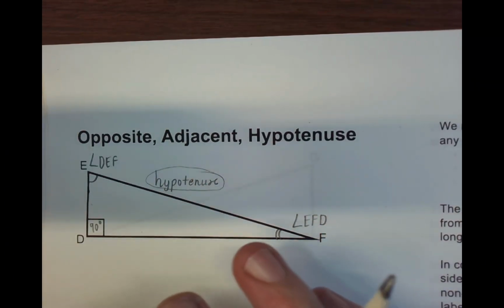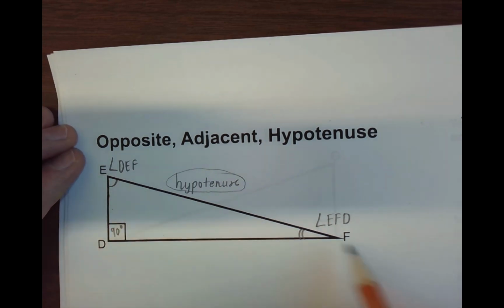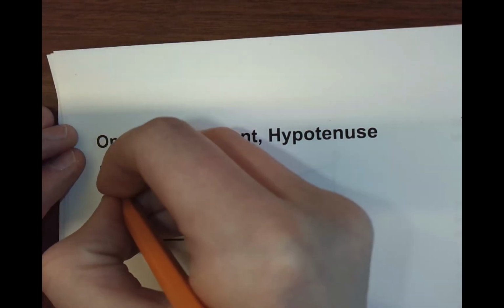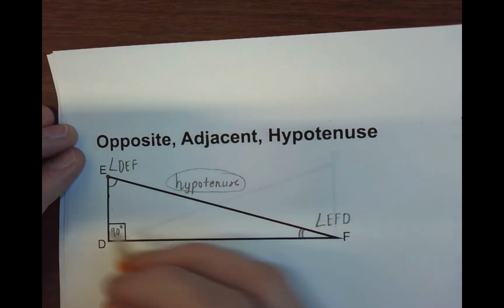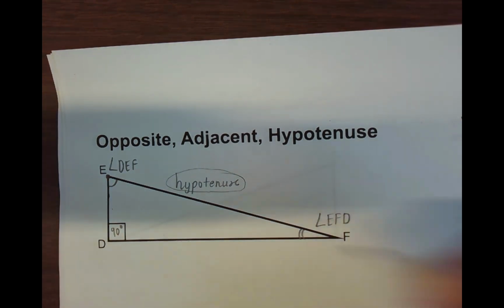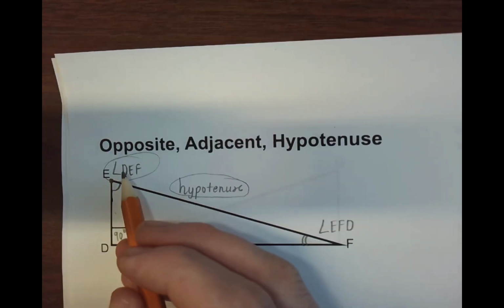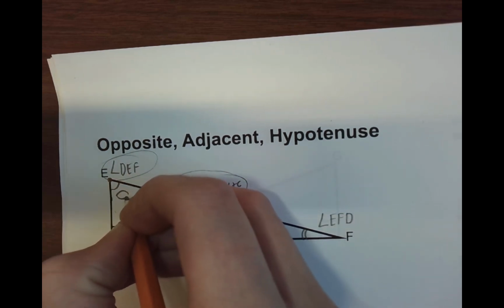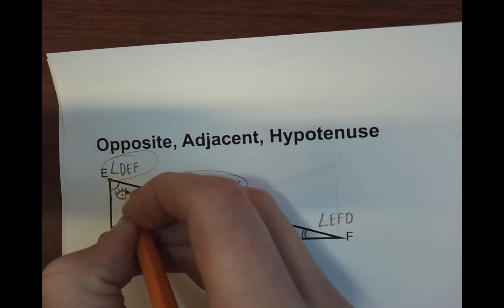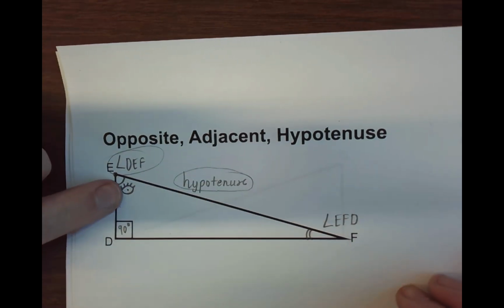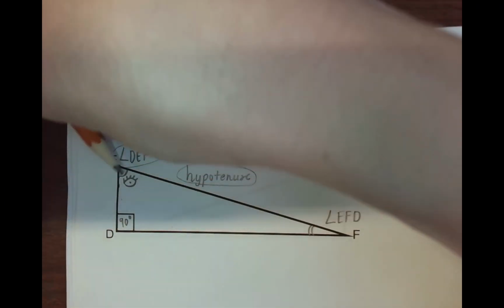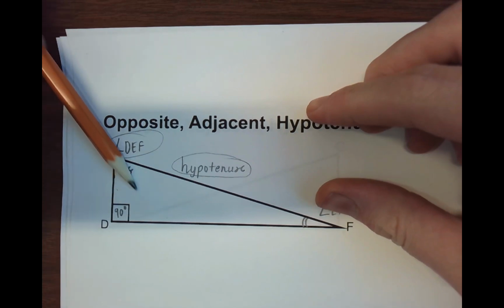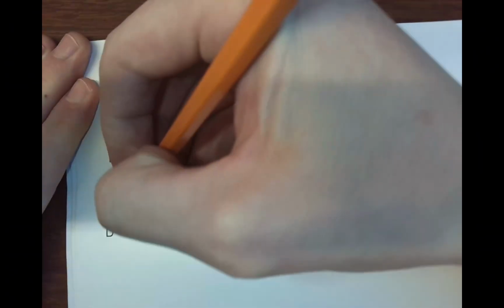But then to label opposite and adjacent, it depends. Am I viewing the triangle using the reference point of angle DEF? Or am I using the reference point of angle EFD? So let's just go with this as my reference point for now. If I shrink myself down and I'm just standing right in that little angle and I'm looking out, this is what I'm facing.